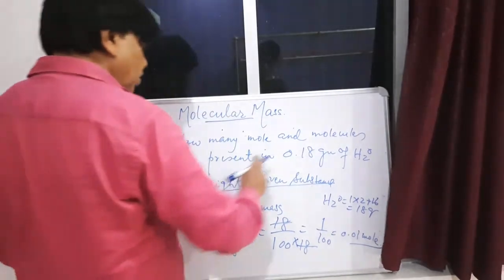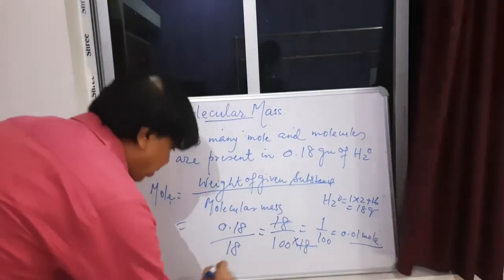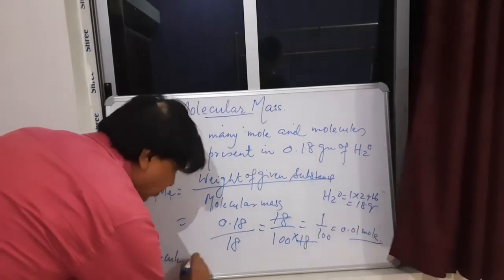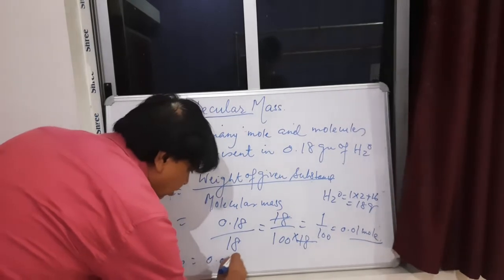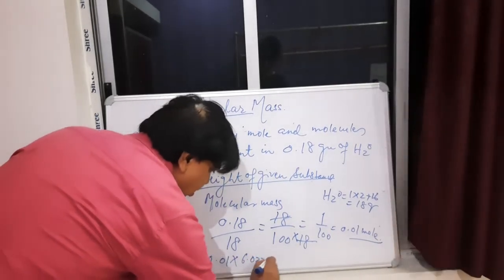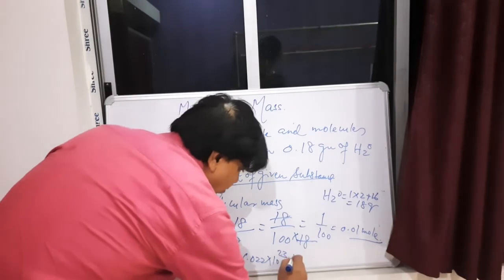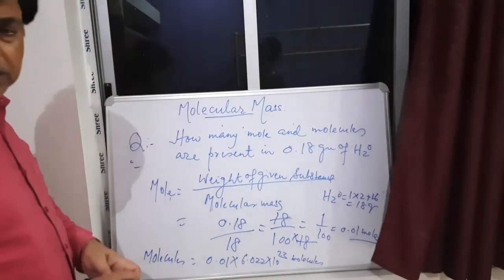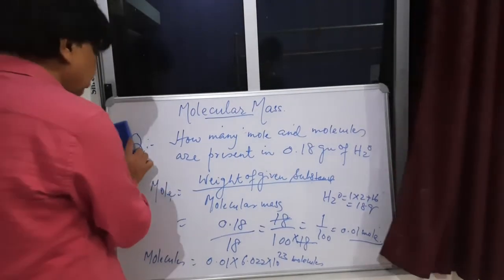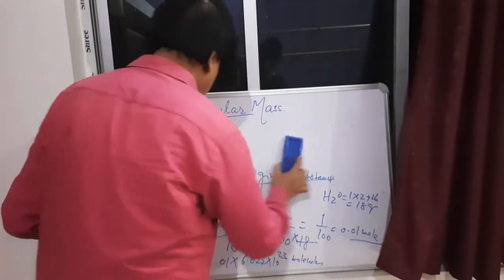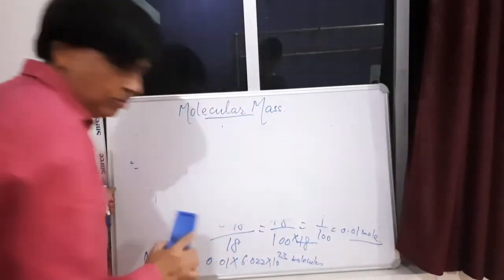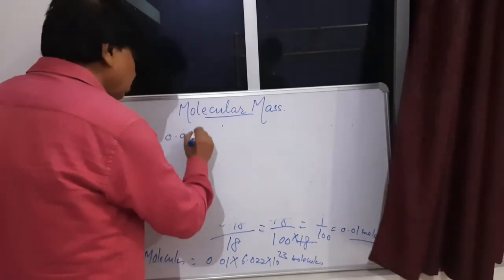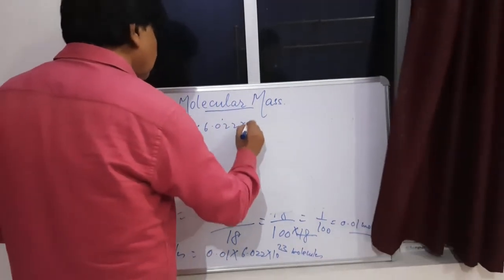If you have to find the molecules, it will be multiplied by Avogadro's number. So molecules is equal to 0.01 into 6.022 into 10 to the power 23 molecules. That is 0.01 into 6.022 into 10 to the power 23.